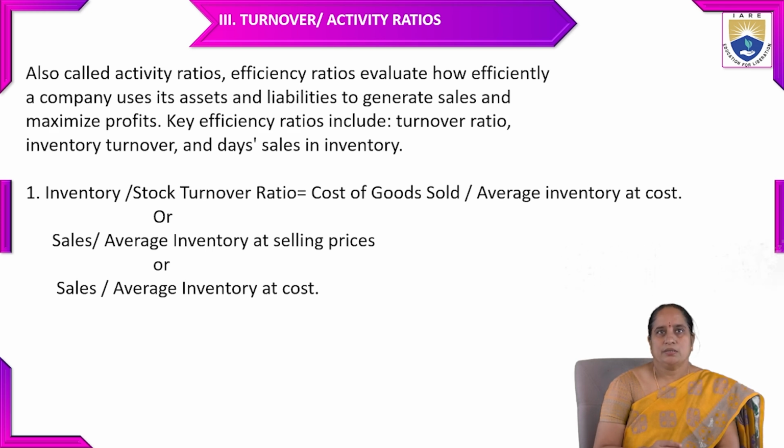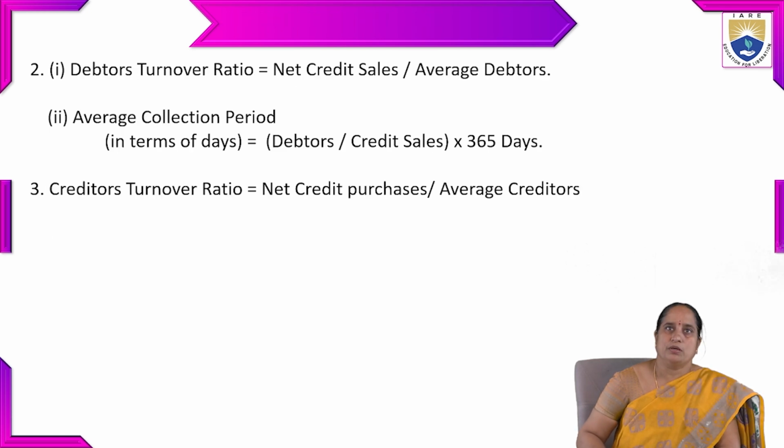So, inventory or stock turnover ratio, which can be derived by using the formula cost of goods sold divided by average inventory at cost, or sales divided by average inventory at selling prices, or sales divided by average inventory at cost. So it depends on the type of information furnished in the problem. Based on that, we have to use the appropriate formula.